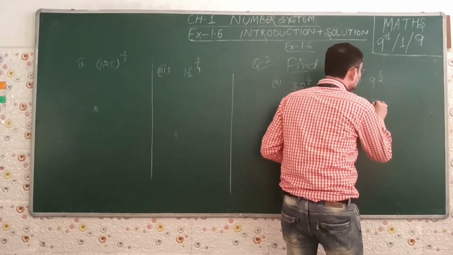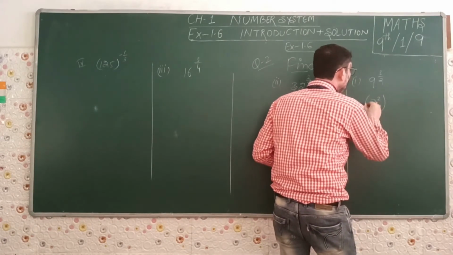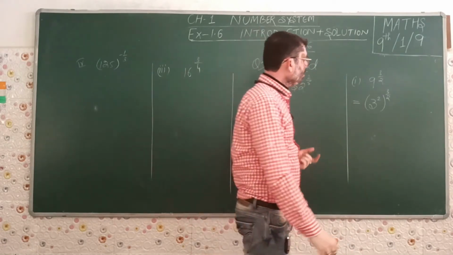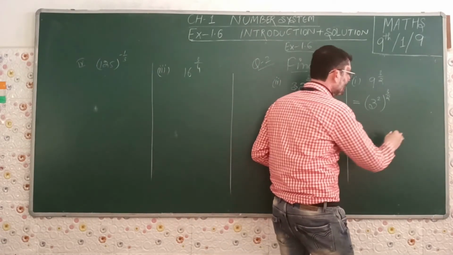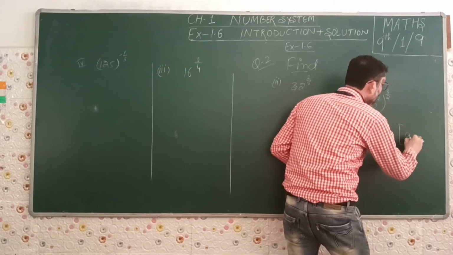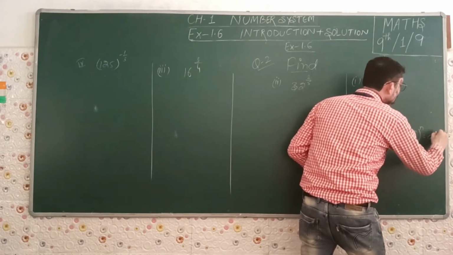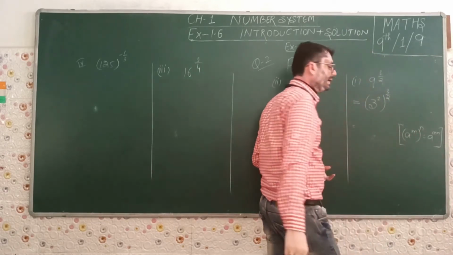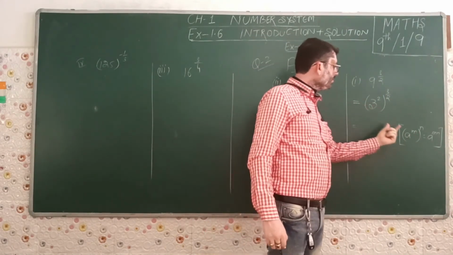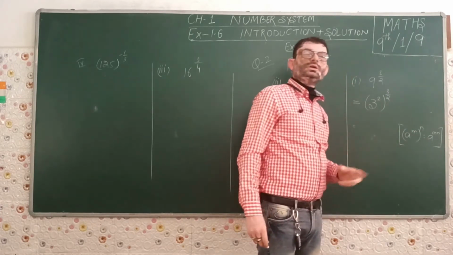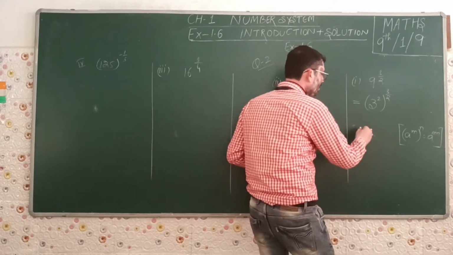So that is 3 to the power 2, whole to the power 3 by 2. And now we will be applying a law of exponent. Which law? Again a to the power m, whole to the power n, can be written as a to the power m into n. Because this is the form, 3 to the power 2, whole to the power 3 by 2, let us apply that law and solve it.